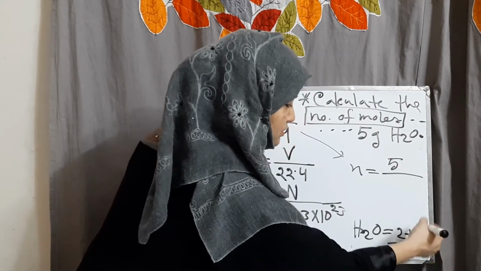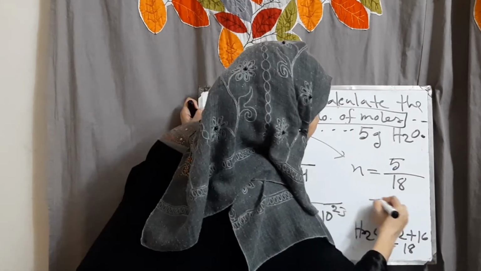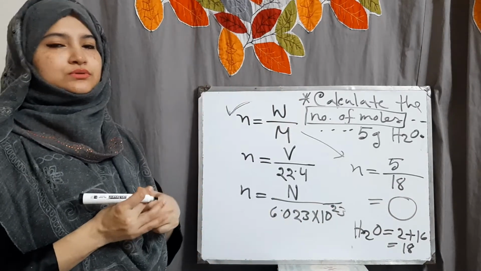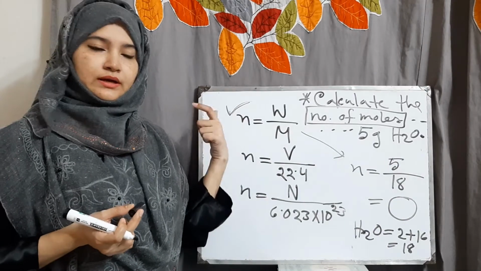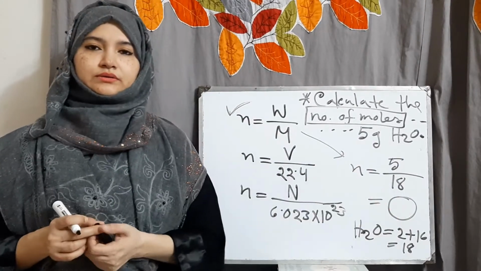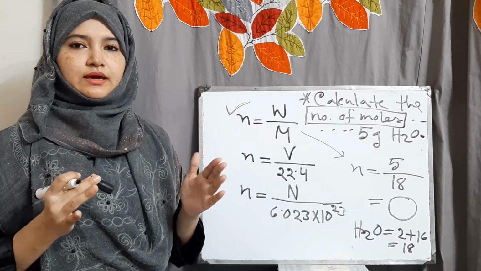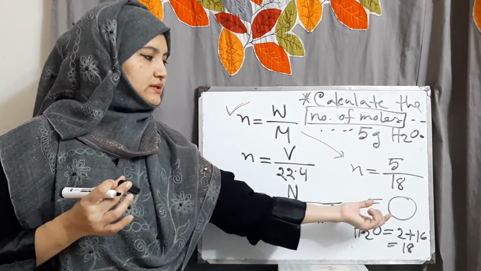You have to write this 18 here. Put in these two values, calculate and put the answer here. Very easy calculation, and within a few seconds you can calculate this.